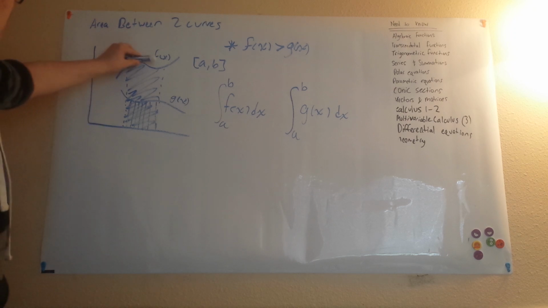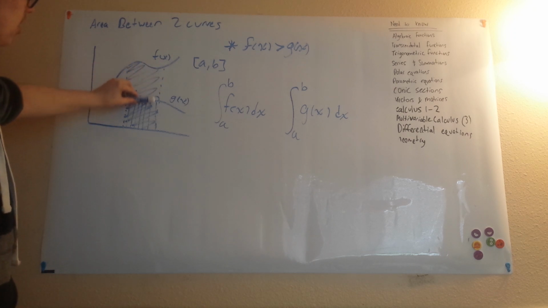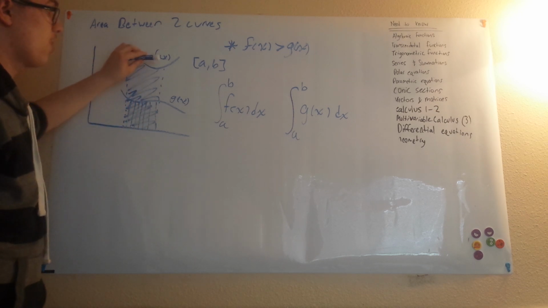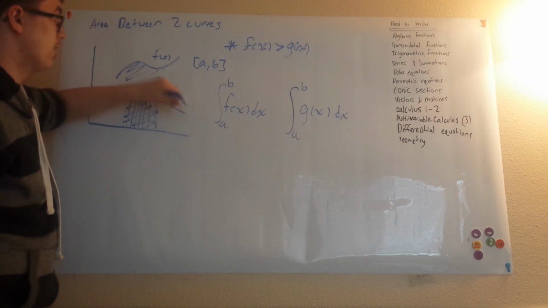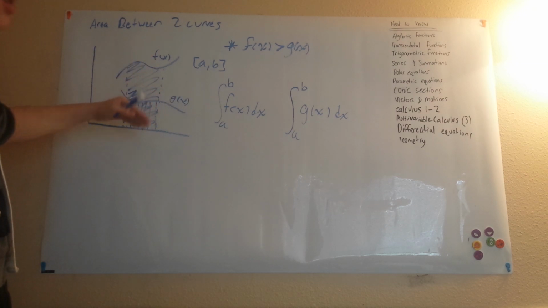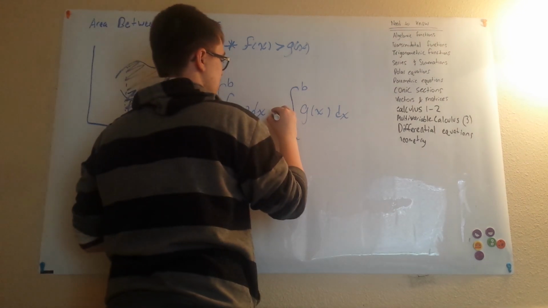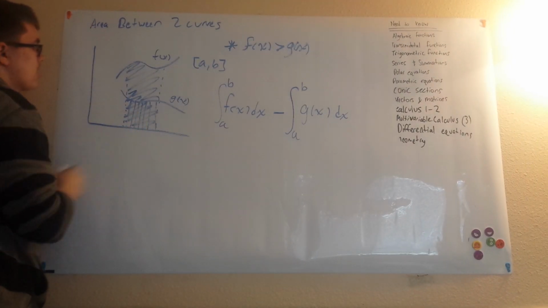This is the area under f of x. This is the area under g of x. Well, wouldn't you subtract the area under g of x and you'll get the area between the curves? That's right. All you have to do is subtract the area under g of x.